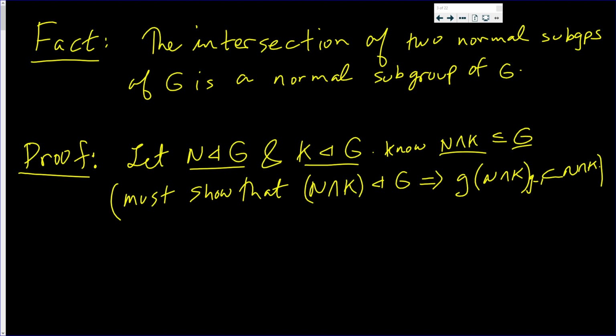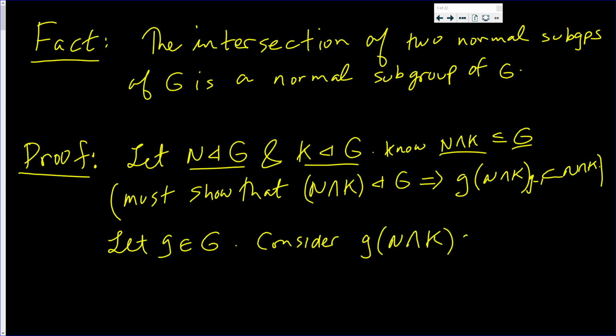Okay, so now suppose we consider the following. Let g be in G, and we consider g times N intersect K times g inverse.